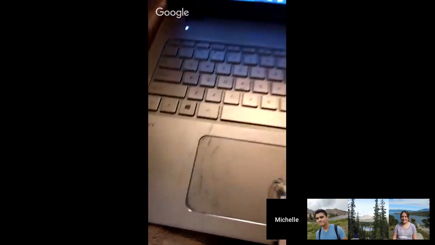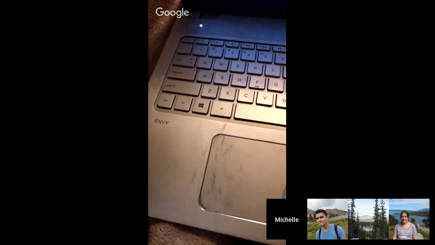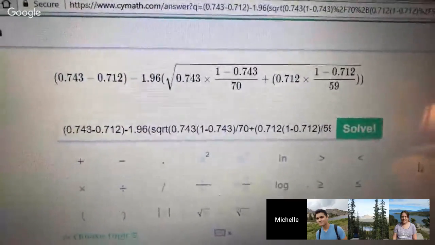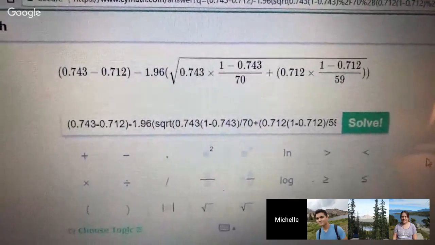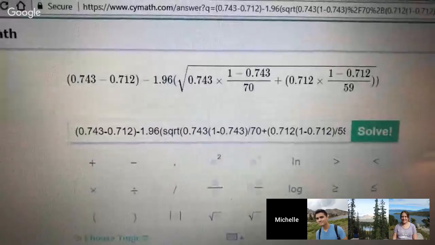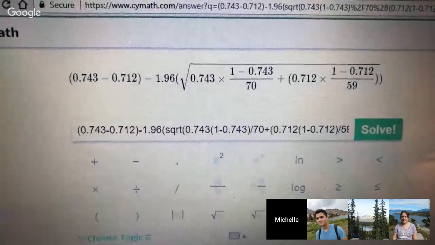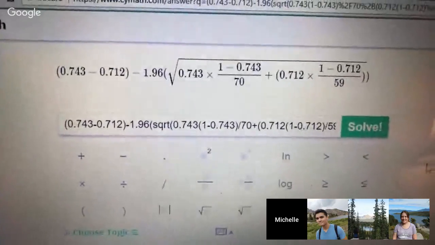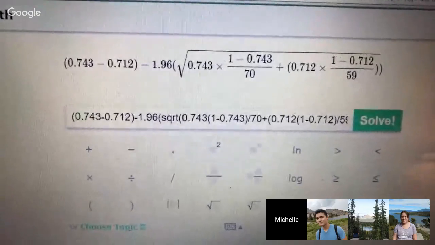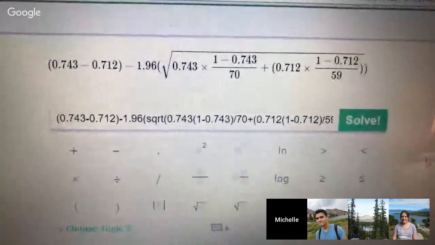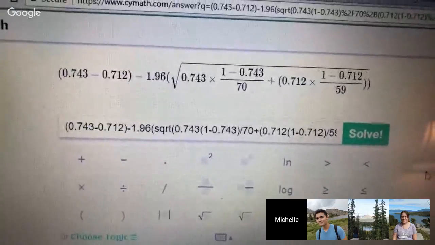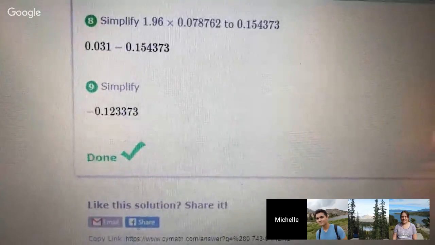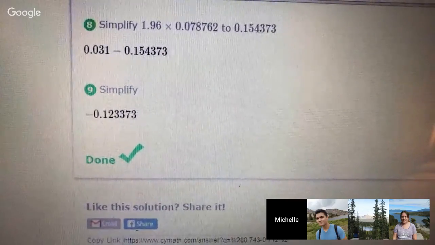Yeah, so you actually calculated the lower bound. Let's see, this is what I did. And it took a lot of parentheses to get it to look right. So delete everything left of the 1.96. That's a lot of work. Well, you found the lower bound, so that's half of it. Okay, so that was the lower bound. Let me write that down. Negative 0.123.